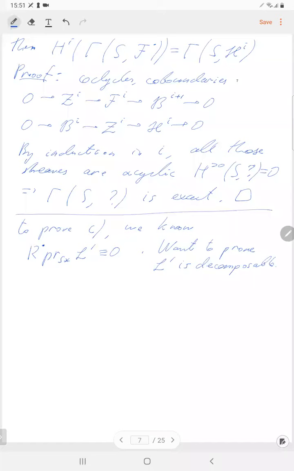Well, we choose a point in our fiber and consider a short exact sequence. L prime goes to L prime twisted by this fiber, goes to L prime twisted, restricted to this very fiber.